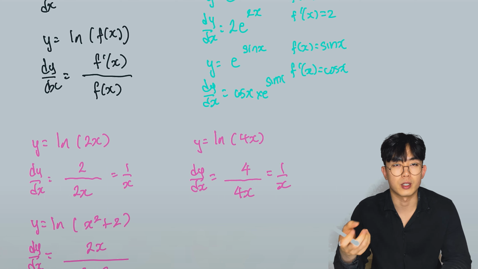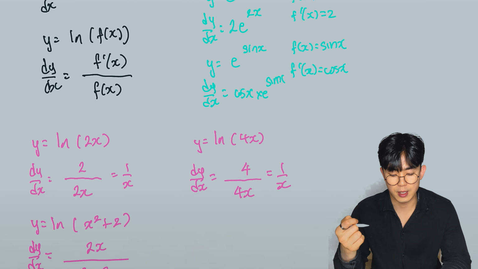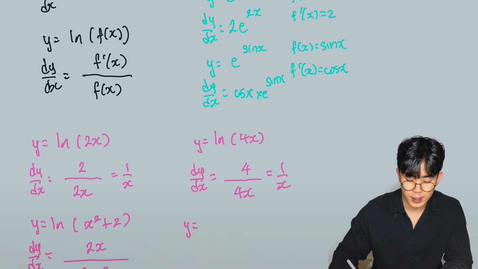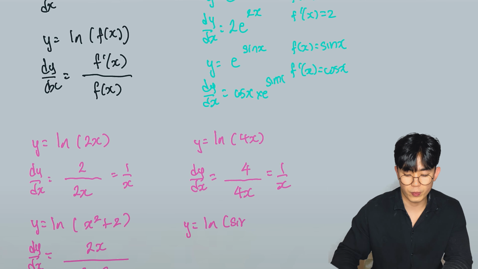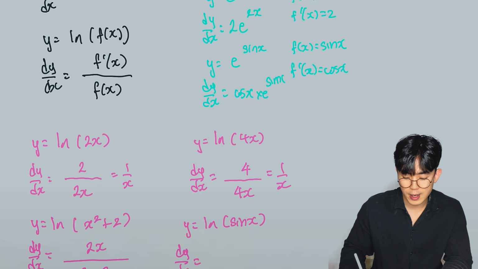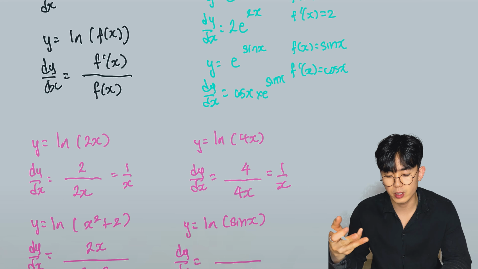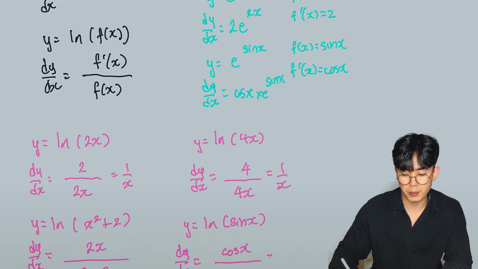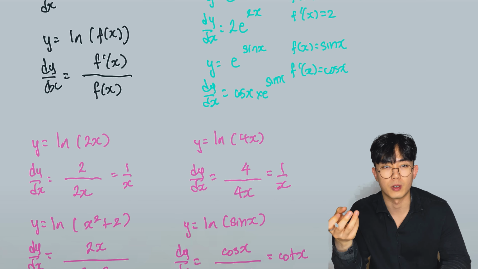So this is now the derivative of ln of x squared plus 2. Let's try one more. So let's say y is equal to ln sine x. Okay, so dy by dx is equal to sine x goes to the bottom, differentiating sine x goes to the top, so the derivative of sine x is cos x. So it'll be cos over sine, which we can simplify to cot x, which we've learned before.